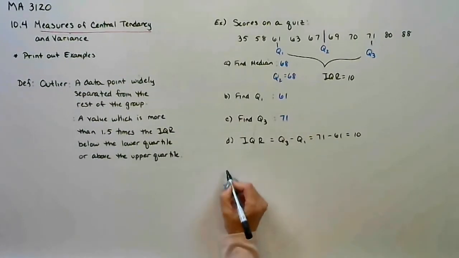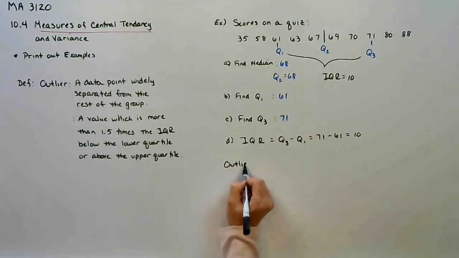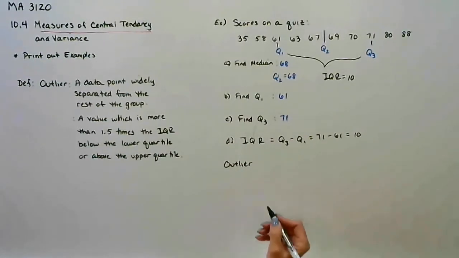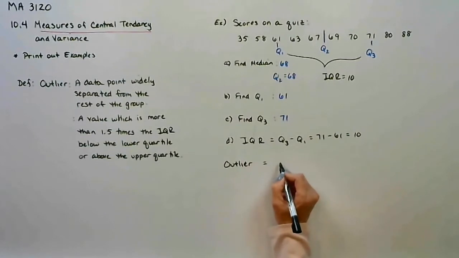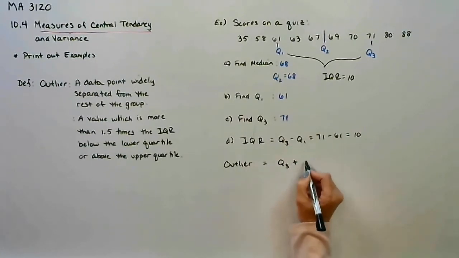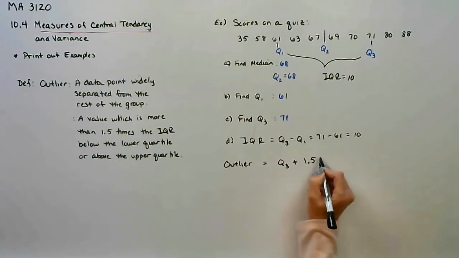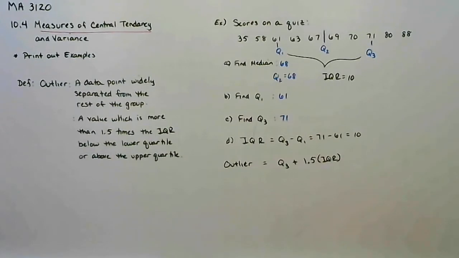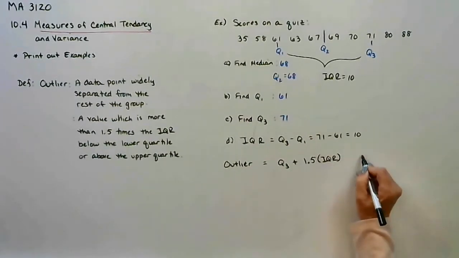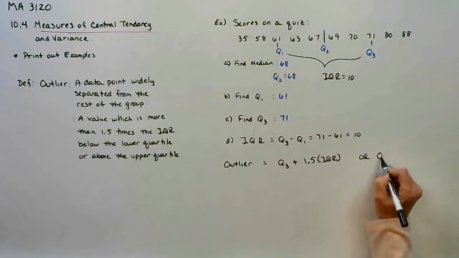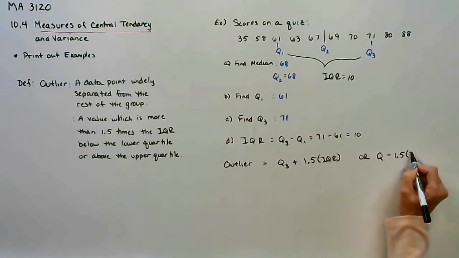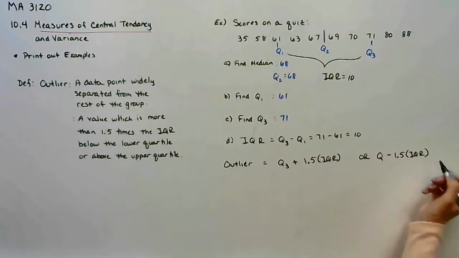If we're going to have outliers, we take the upper quartile and add 1.5 times the interquartile range, or take the lower quartile and subtract 1.5 times the interquartile range.